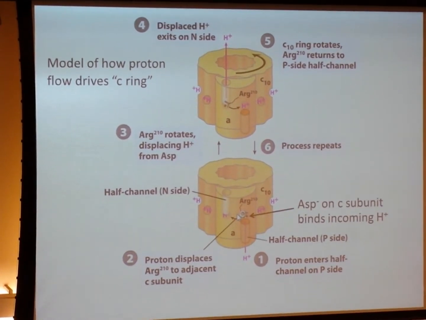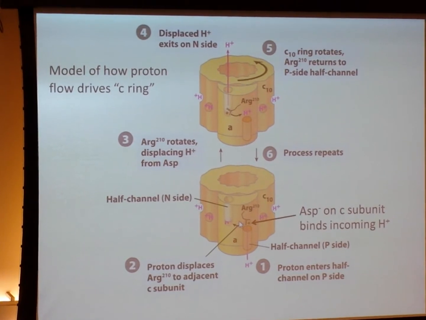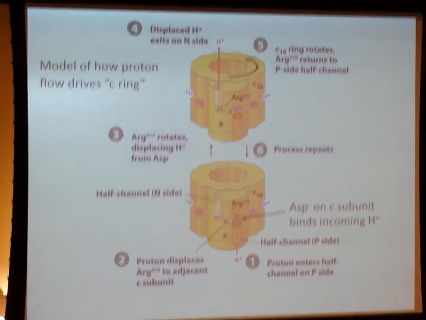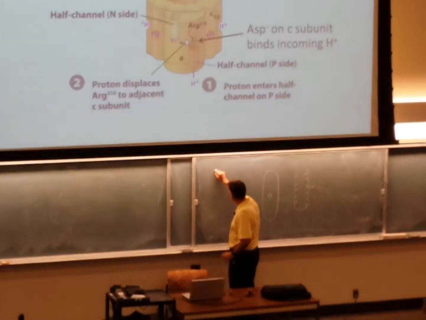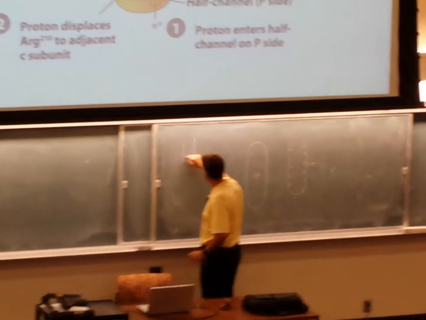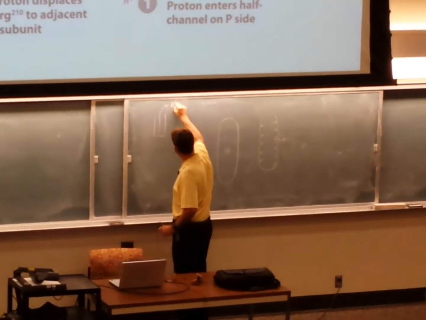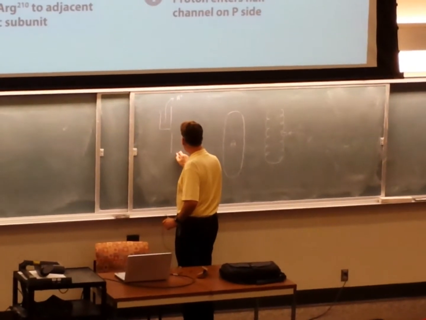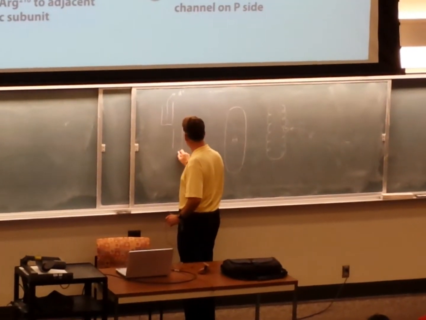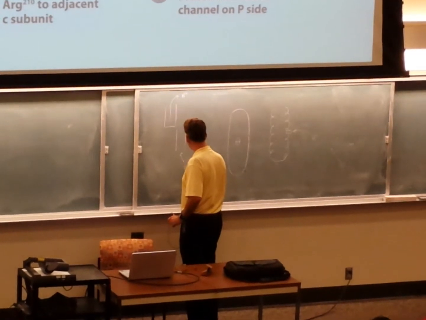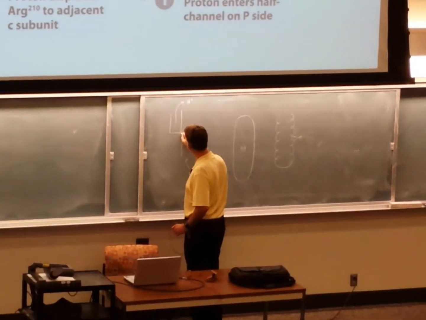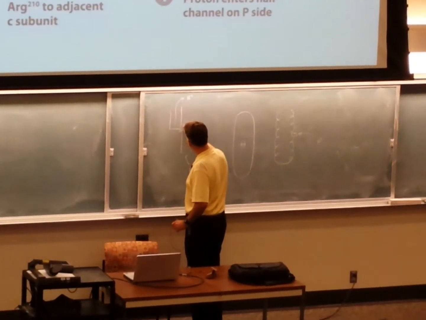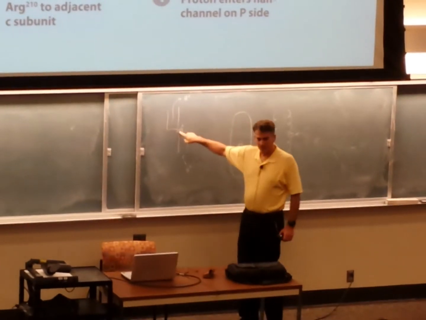I would state it a different way. Here is the half channel where the proton is going to leave. Here is the half channel coming in, where the proton comes in. And here is this arginine right in the middle.